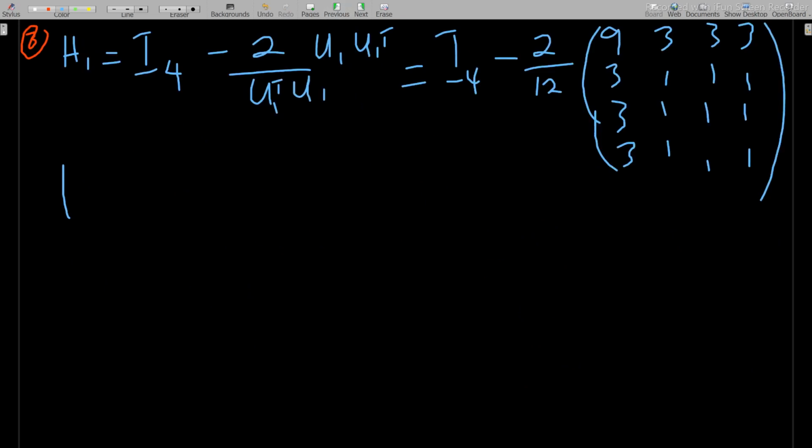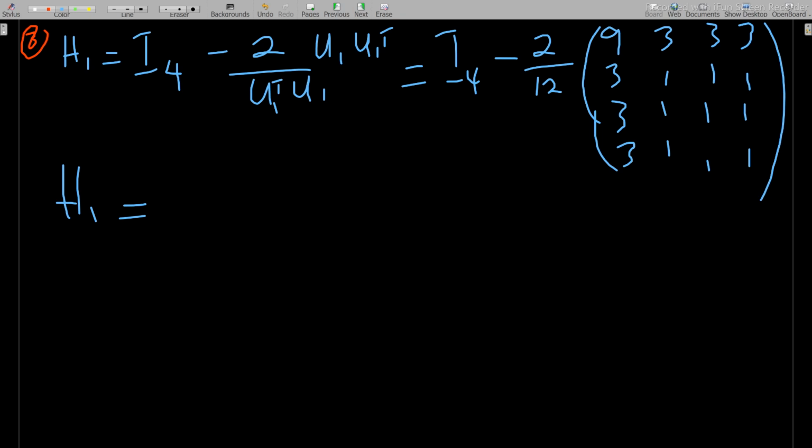Okay, sorry. So H1 will simply be, if you go through the simplification very well, you know how to find your I4. I4 is just the identity matrix, 1 0 0 0, in terms of 4 by 4. I hope you know that.